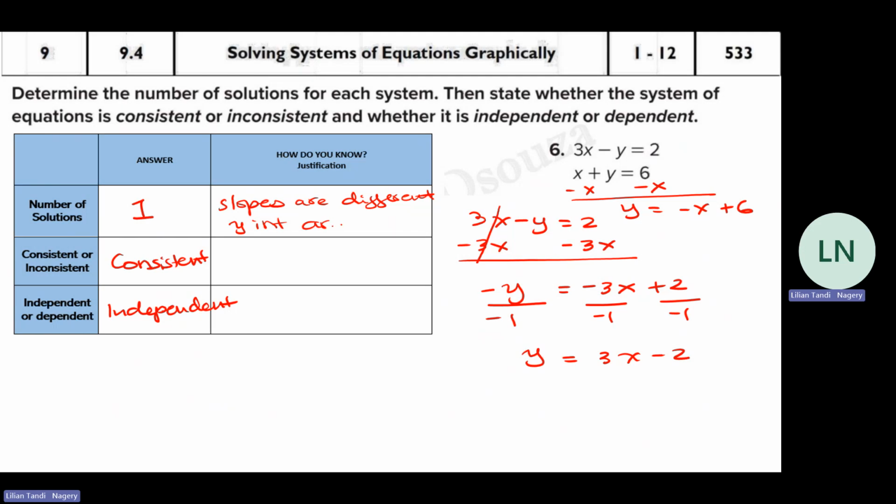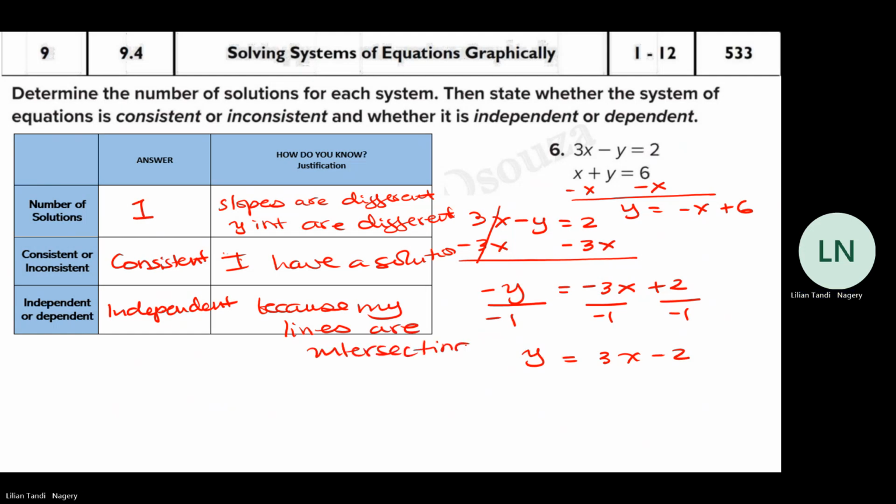Y-intercepts are different. Consistent because you have a solution. Independent because my lines are intersecting. Okay?